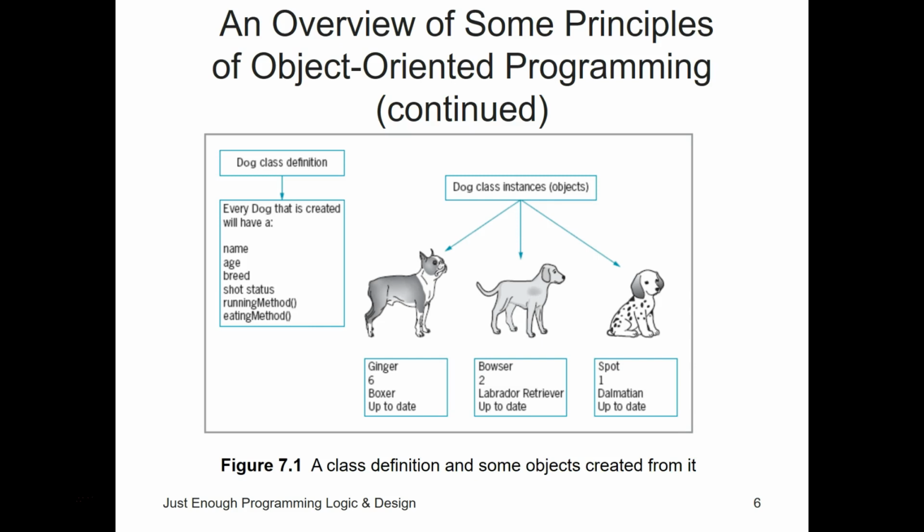So if we have a dog, we know that a dog has certain characteristics. They have a name, they have an age, they have a shot status. They also have things they do. And notice we call those a lot of times methods. So they have an eating method, a running method. If you wanted to include other things, what other things do dogs do?